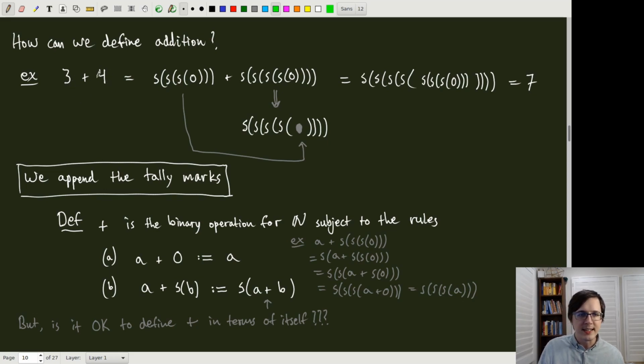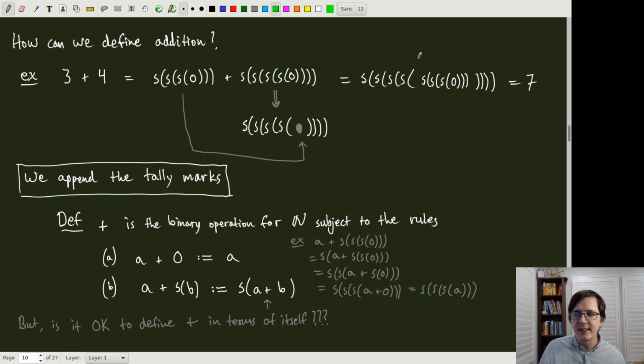So symbolically, 3, remember, is the successor of the successor of the successor of 0, and 4 is similar. And to have the idea of taking all the stones in the bucket for 4, we can take 0 and kind of poke a hole in the expression, and then take the bucket for 3 and plug it right in.